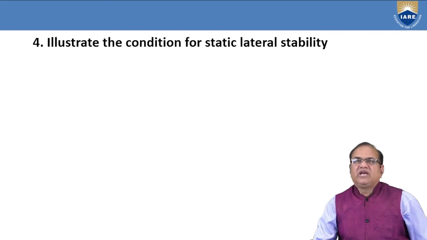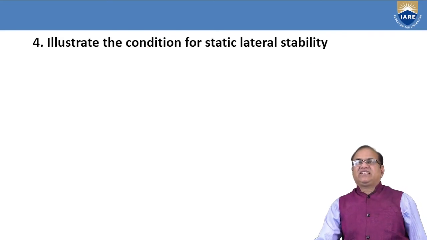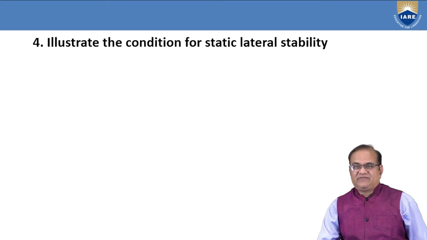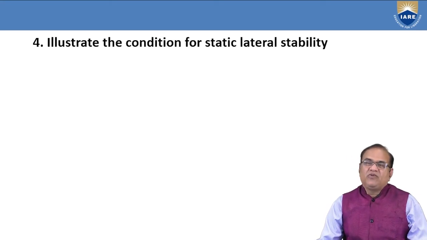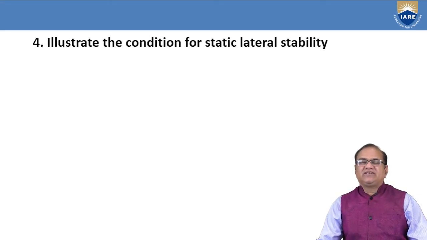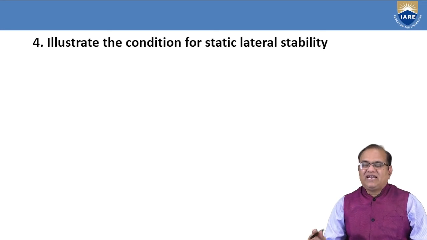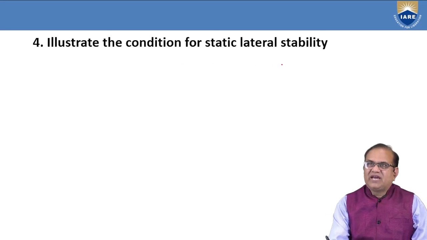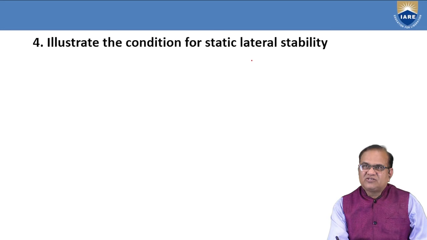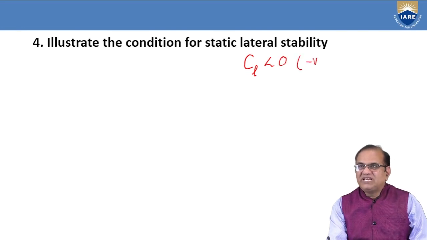Okay, so now illustrate the condition for static lateral stability. Now we have to see what is the condition for static lateral stability, and we have seen in my starting also, that this is a coefficient of rolling moment. It is called Cl. This Cl should be less than 0 or this should be negative.